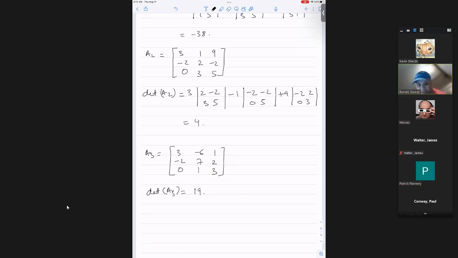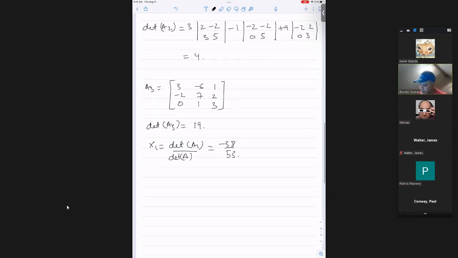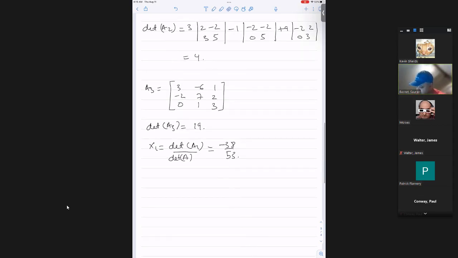So once you have that, we can put that in the equation. So my x1 is determinant of A1 by determinant of A. That would be how much? -38 by 53. You can just give me the fraction. Was the determinant of A 53 or 33? Yeah, 33. Thank you.